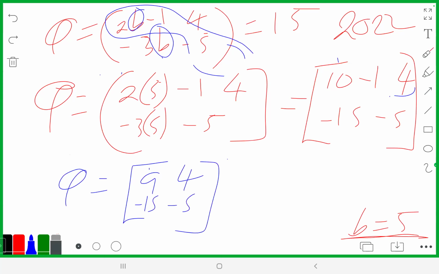This is our new matrix Q. Do you agree with us? Oh, 9 is 10 minus 1? Yes, 10 minus 1 is 9. Then there is 4 there, negative 15 and negative 5.